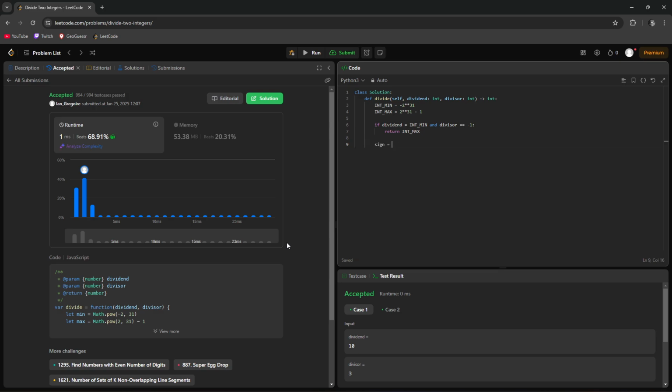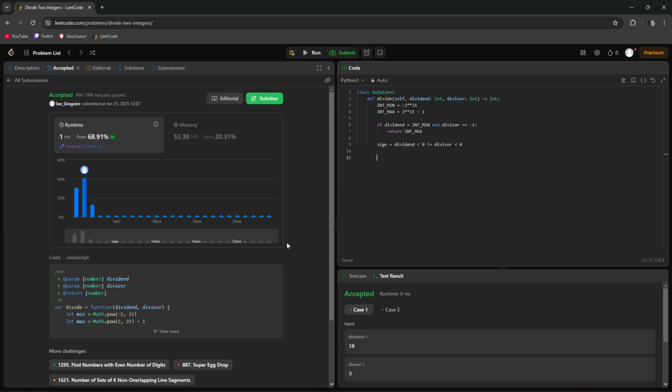Sign is going to be equal to... last time we used 2 ifs in JavaScript, but if the dividend is less than 0 and it does not equal the divisor less than 0, it's the same thing.